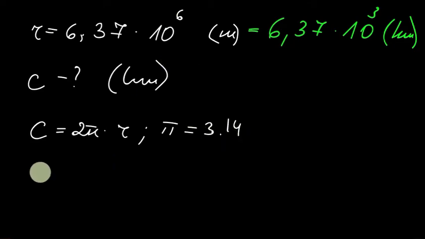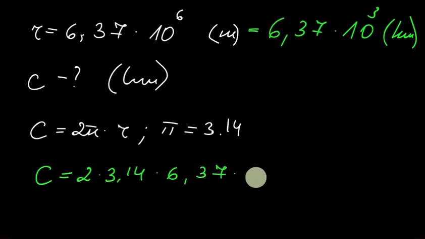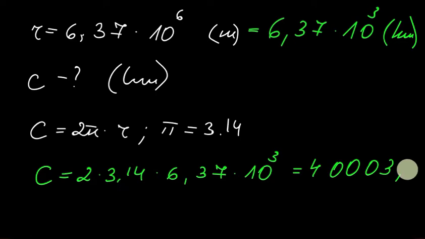So now, once we plug our numbers in, we would get 2 times 3.14 times 6.37 times 10 to the third power. And this would give us 40,003.6 kilometers.